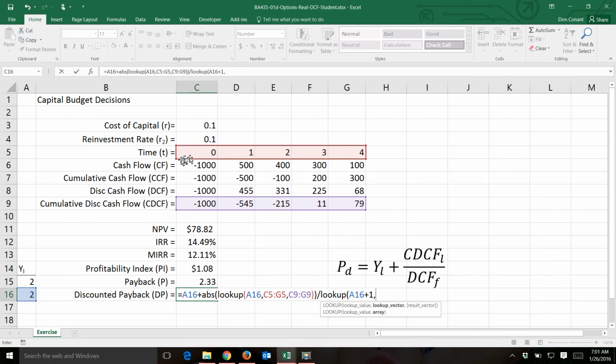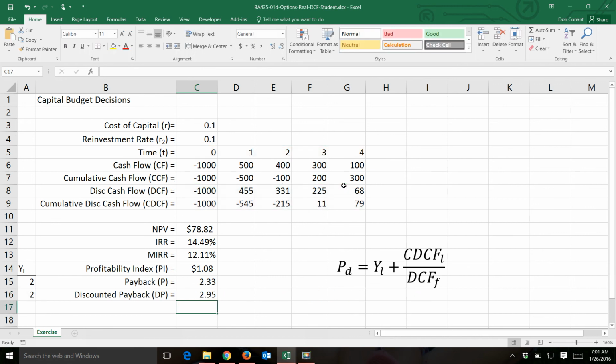We'll look for that in the year row, and then we'll go and get the actual cash flow for that year to find out how far into the year we need to go before we break even. We can see that the discounted payback period is 2.95 years in this case.